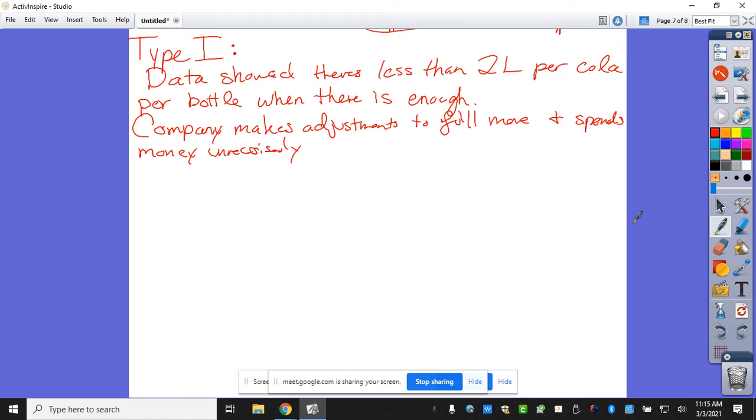So a type 2 error would be the data showed what? Think about it in context here. Okay, so the data showed that there was enough in each bottle.